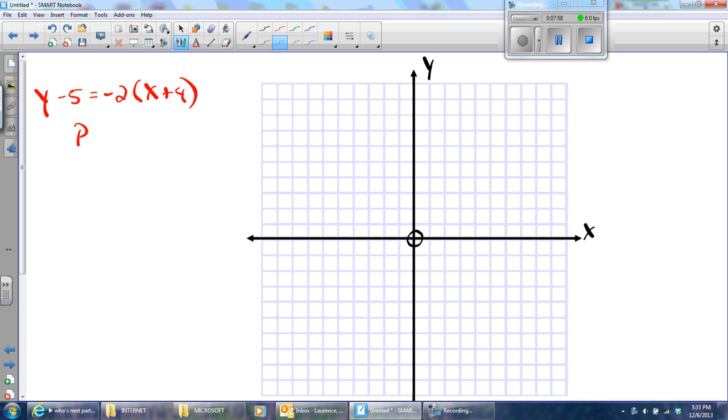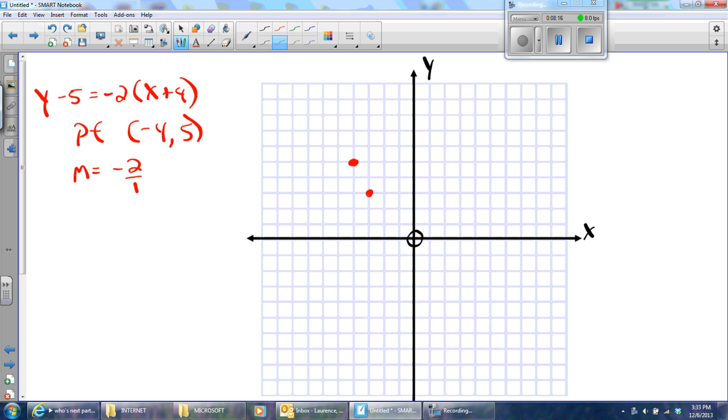So the point that goes through this line is the point -4, +5. So I go 1, 2, 3, 4, 1, 2, 3, 4, 5. All right, there's that point. And then the slope is -2 over 1.